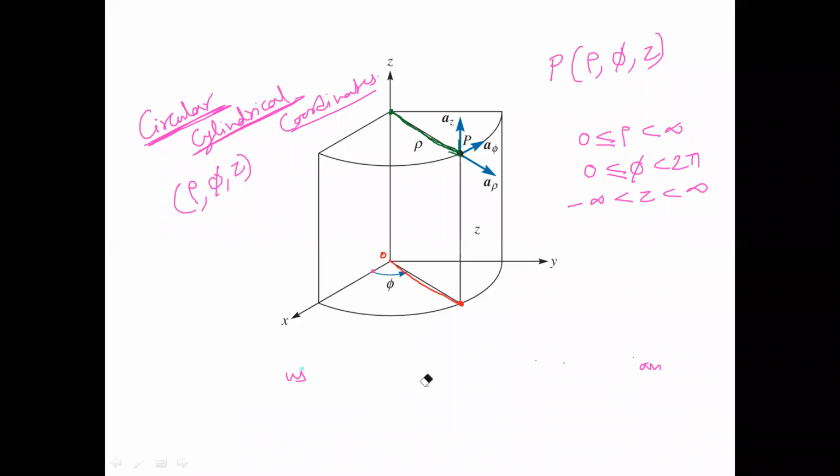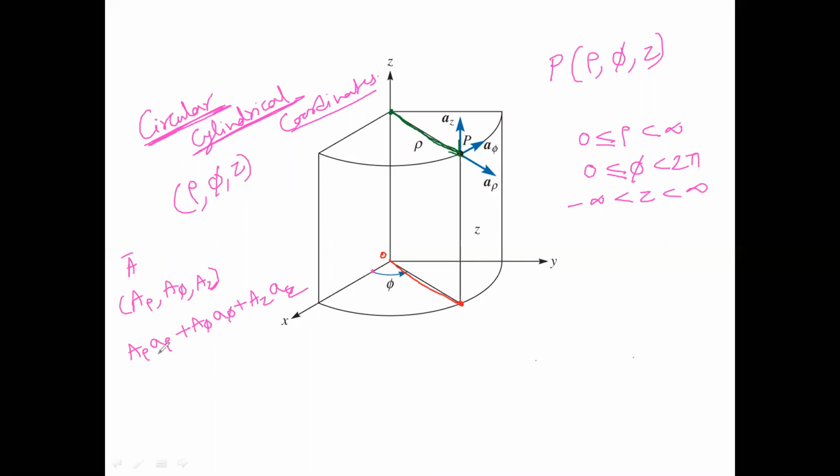These are the ranges. Now let's look into the vector representation in cylindrical coordinates. Let us consider a vector A bar. The coordinates with respect to A bar are A rho, A phi, A z, and the equation will be A rho a rho plus A phi a phi plus A z a z.